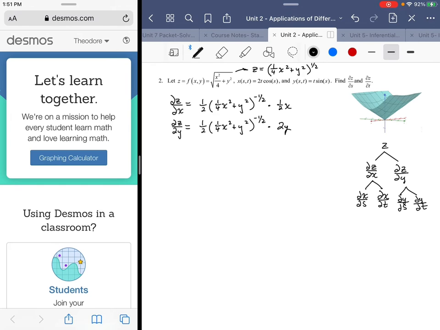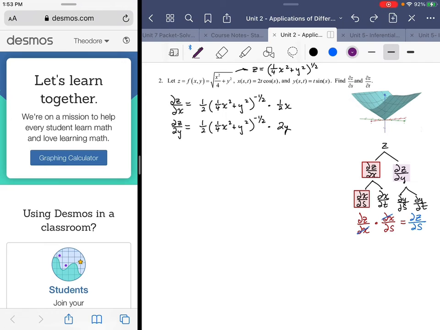All right, well, what I want to do is first focus on partial z with respect to s. If we think about that, that would be the product of these two, because partial z with respect to x times partial x with respect to s, just simple multiplication, cancel, you get partial z with respect to s.